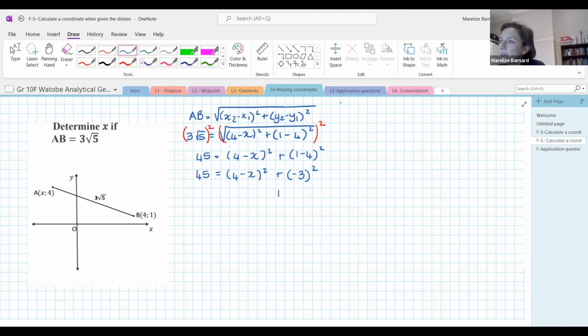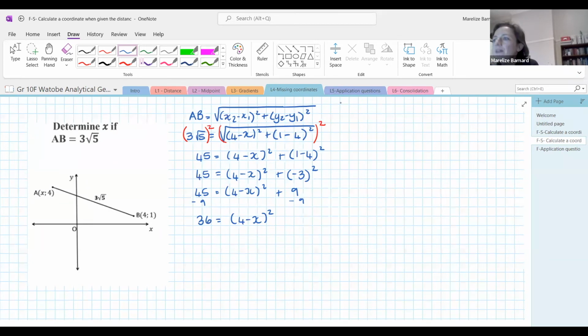Yes, that's right. And then to get rid of the 9, minus 9 on either side. So 45 minus 9 equals 36. Equals 4 minus x squared. Excellent. Well done.